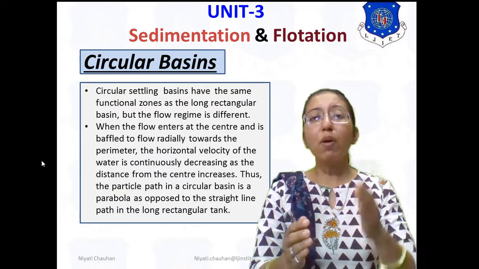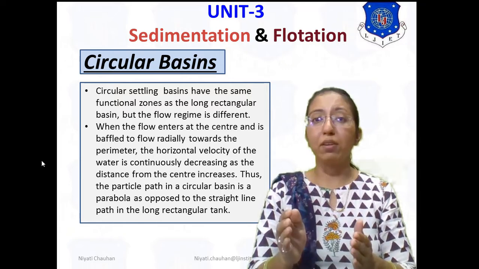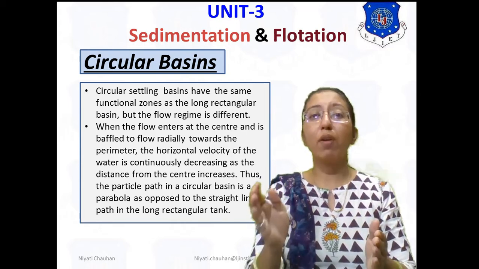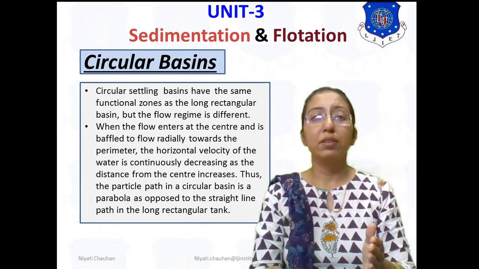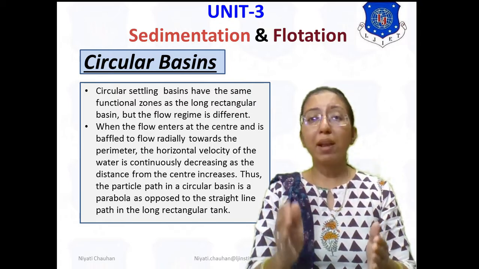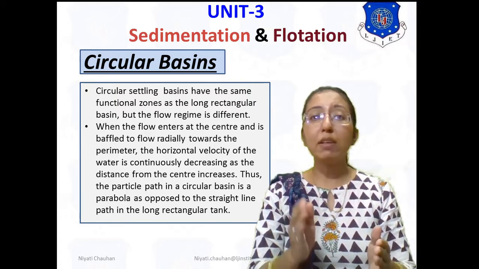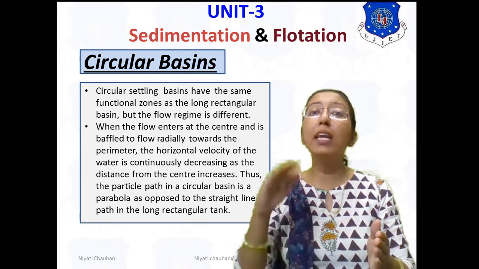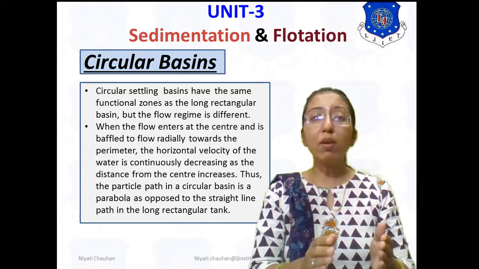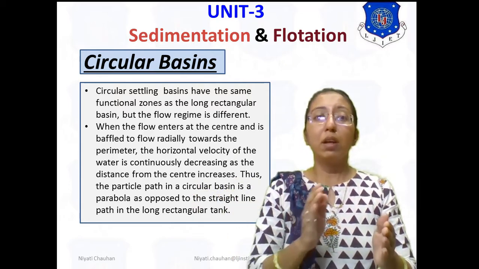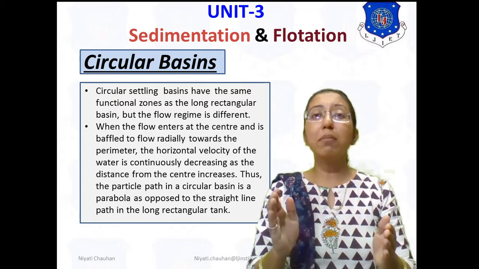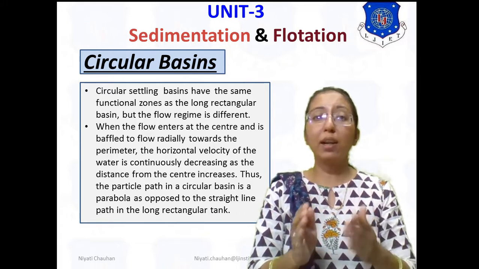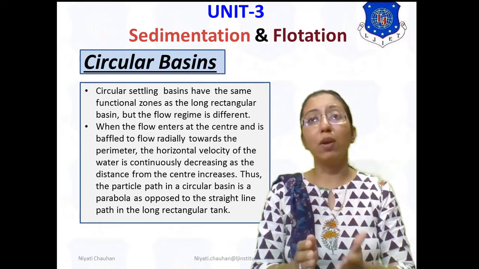When the flow enters at the center and is baffled to flow radially towards the perimeter, the horizontal velocity of the water continuously decreases as the distance from the center increases. Thus the particle's path in a circular basin is a parabola as opposed to a straight line path in the long rectangular tank.